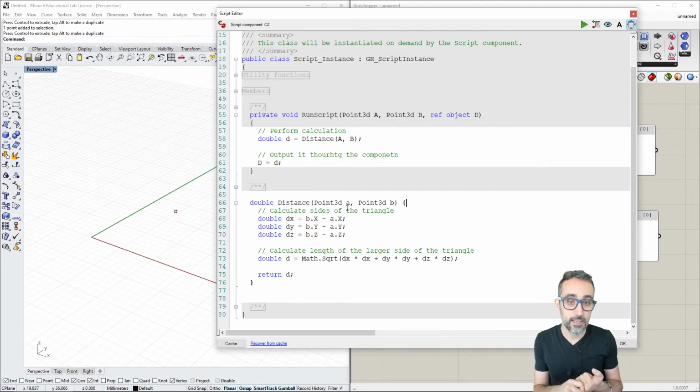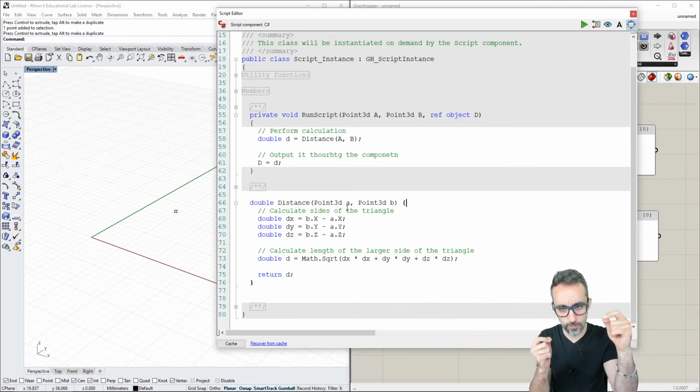I would like to make a reminder here. Conceptually, what we've done here is calculate the distance between 2 points, but in practical terms, this algorithm works exactly the same if we also wanted to calculate the length of a line segment, because at the end of the day, a line segment is basically the line that we draw between 2 points. So if we have the coordinates of those two ends, then we can apply the same logic. And also, this algorithm is the one that is used for calculating the length of a vector.